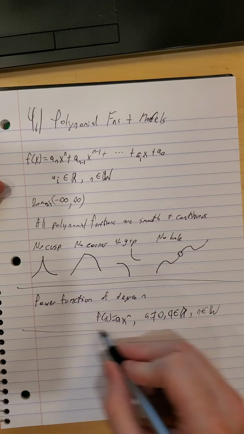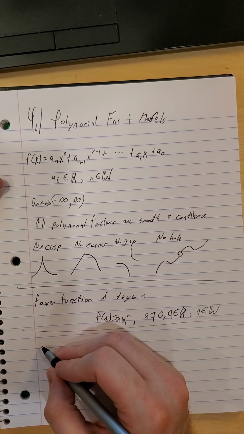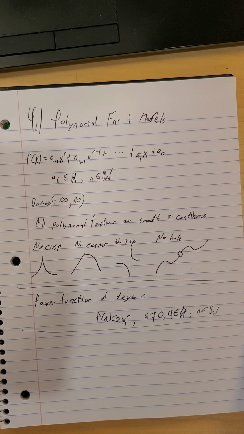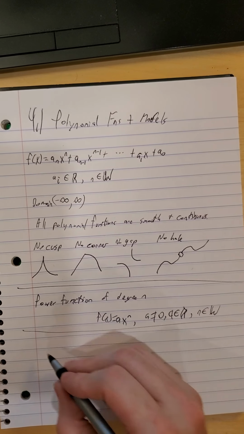If we look at power functions where a is equal to 1, then we can get a little idea about some points that we should see, some symmetry, domain and range, that kind of thing.